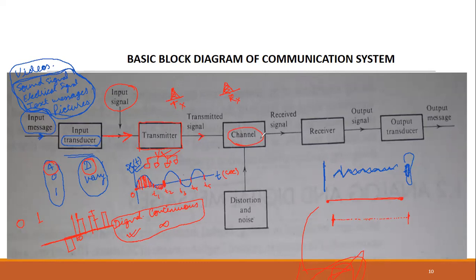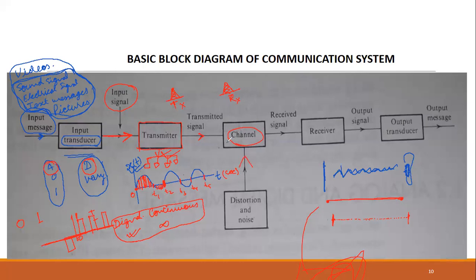So this channel is the portion where most of the noise will get introduced in the signal. So whichever signal is transmitted, this signal will pass through a channel before reaching the receiver. Okay, and this is the place where most of the noise will get introduced with the signal.